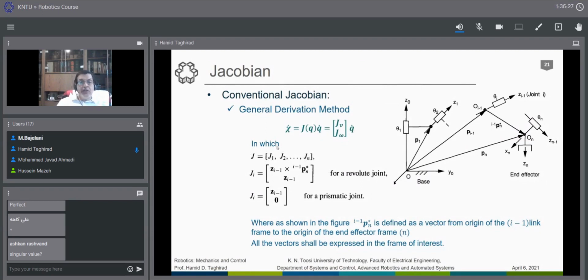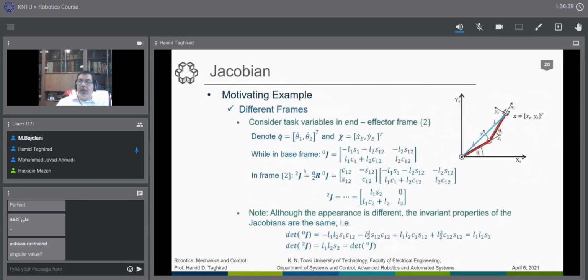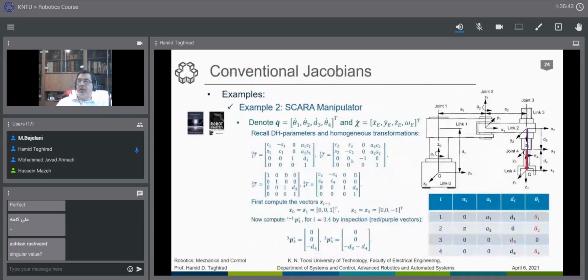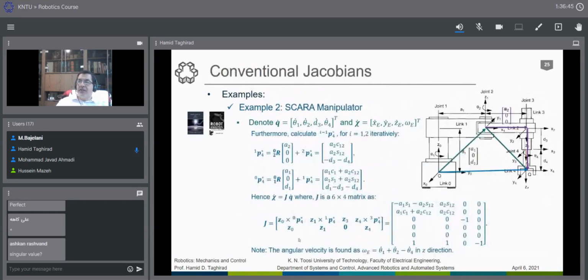If we have a non-square matrix, finding it is quite easy. Instead of having 6 joints or 4 joints like what we have in the SCARA here, if you have a 5th joint, we add another column, and if you have a 6th one, we add another one to this case.